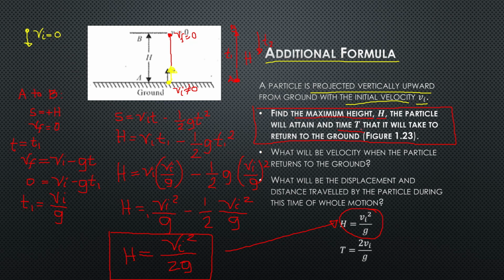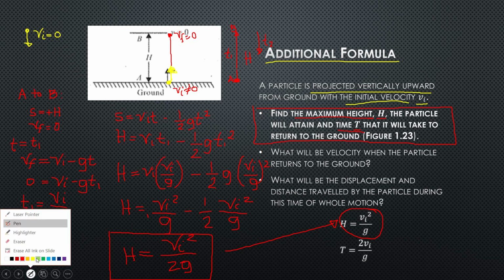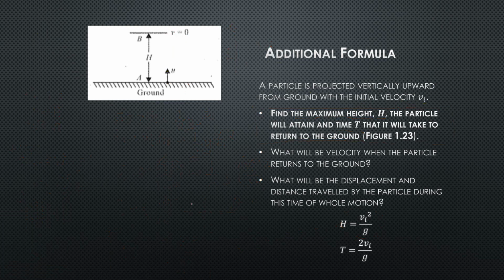Now let us solve for the time taken. As mentioned earlier, t1 is the time of ascent from A to B, which is equivalent to initial velocity all over acceleration due to gravity.